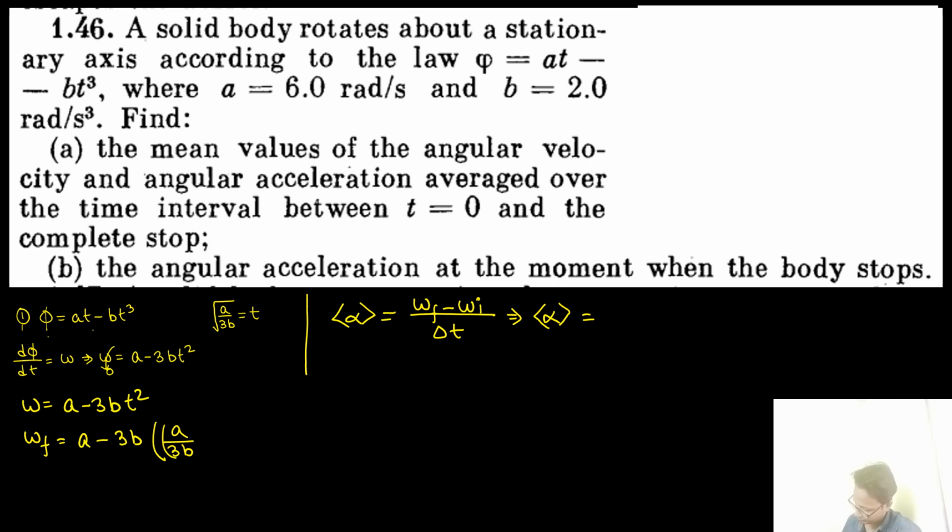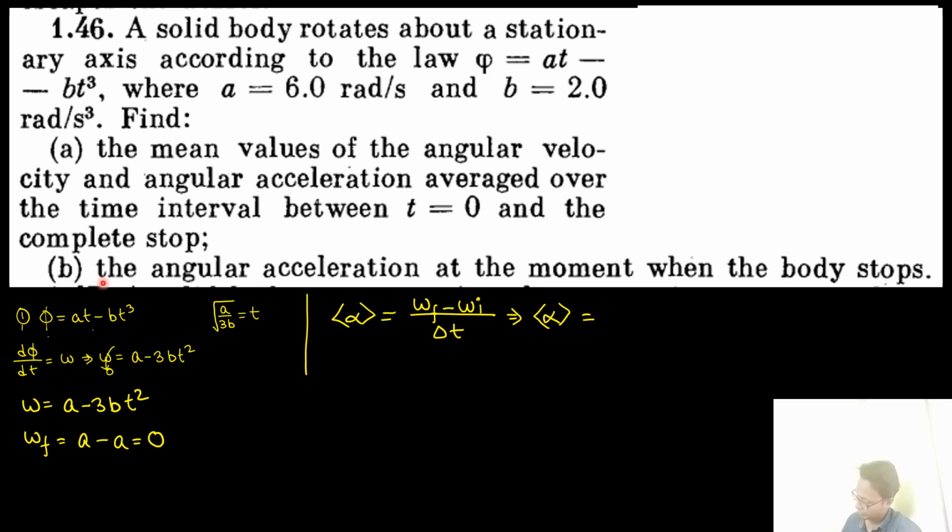The 3 and 3 would get cancelled. So out here it would be a minus a. A minus a is nothing but 0. So average angular acceleration is nothing but a minus a, which is equal to 0.